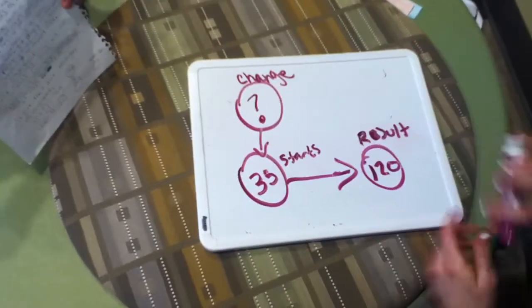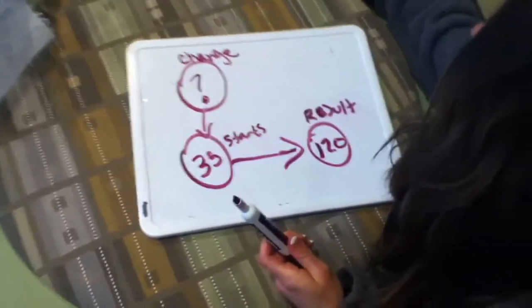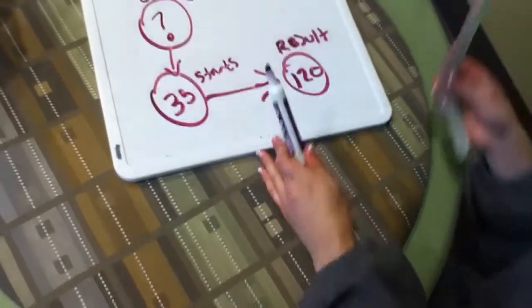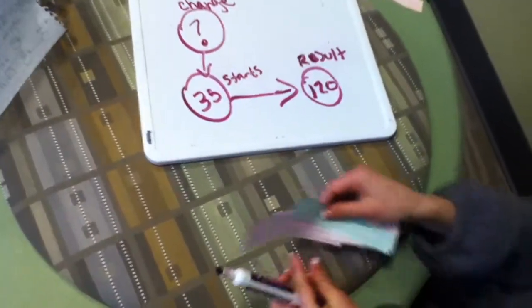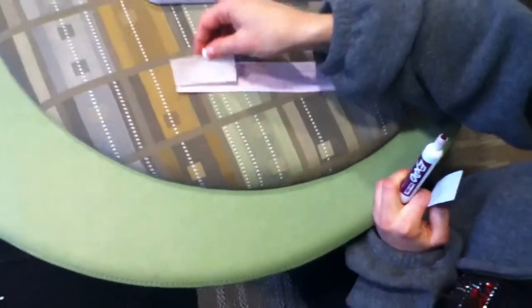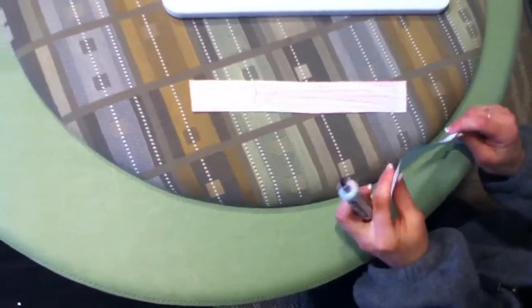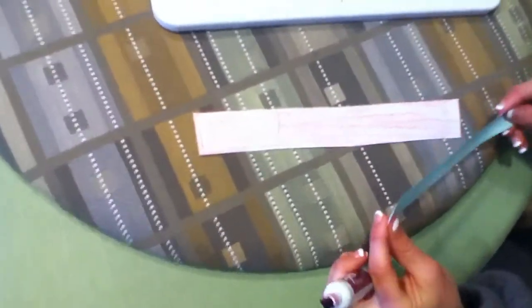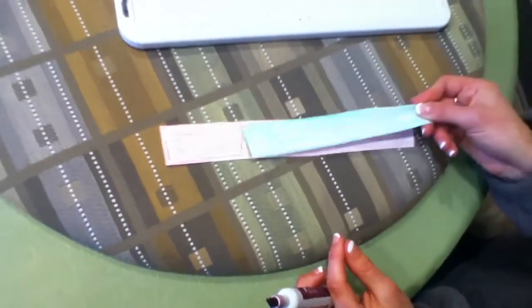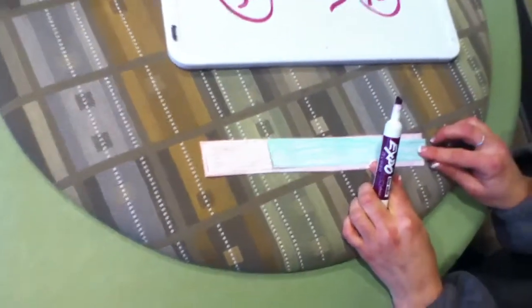So for strip diagrams, this is the whole 120. If there is 35 cards she started with, we need to find the missing part, which would be this green strip.